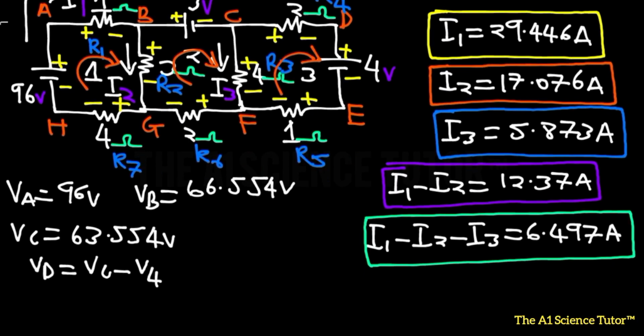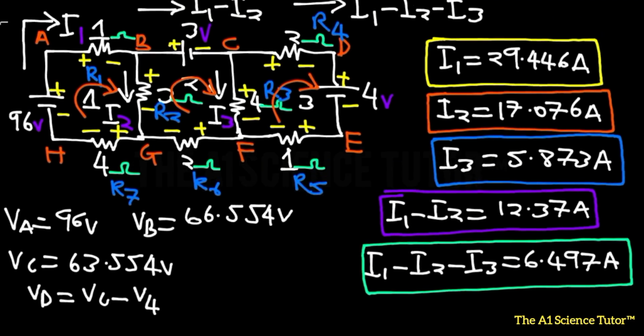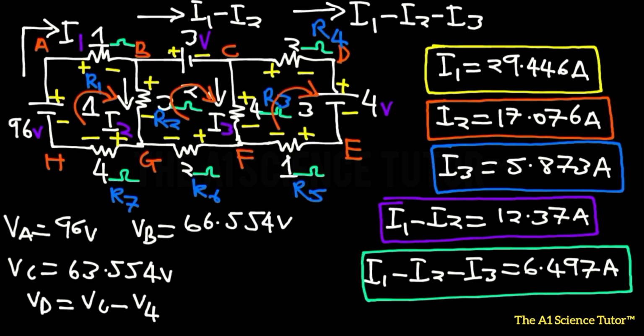Now I1 minus I2 minus I3 is 6.497. So we got to multiply that with 2. 6.497 multiplied by 2 gives us 12.994. So you have to subtract 12.994 from VC. So that will be 63.554 minus 12.994, which gives us 50.56. So VD is equal to 50.56 volts.